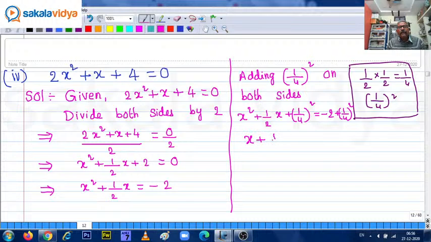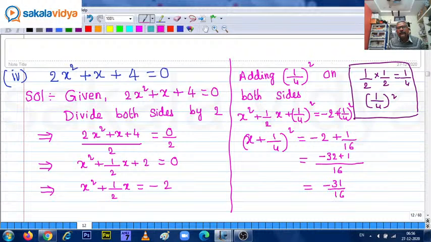X plus 1 upon 4 whole square equals to minus 2 plus 1 upon 4 whole square is 1 upon 16. Here LCM is 16. 16 into 2 minus 32. So plus 1. Minus 31 by 16.